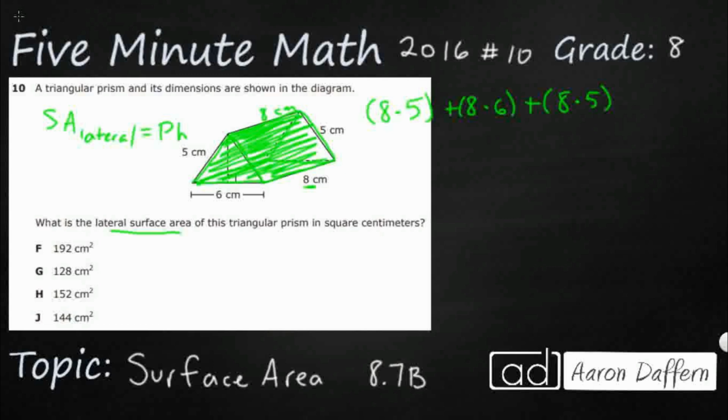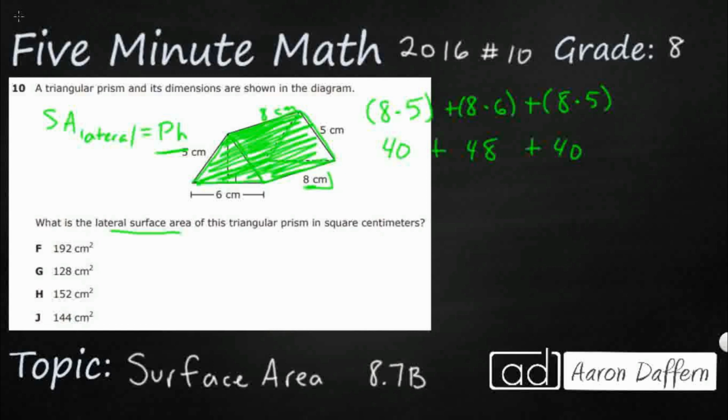Now, I could do it manually like this, and I can just add up my 40, my 48, and my 40. But how do we get this PH right here? Well, take a look at what I have in each of these 3 add-ins. I've got an 8 times 5, 8 times 6, 8 times 8.